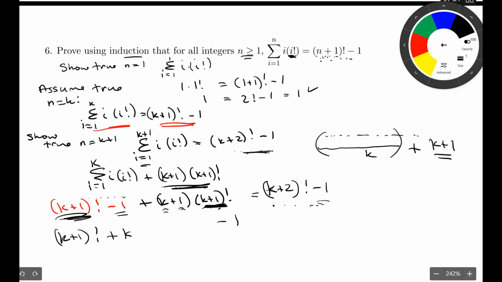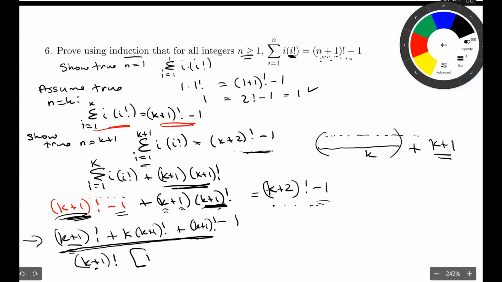So I have plus k times k plus 1 factorial plus 1 times k plus 1 factorial. Okay, what do I have? Oh, I've got 2 of them, don't I? I factor out a k plus 1 factorial out of all of these. So k plus 1 factorial times, if I factor this out of this term, I'd get a 1. If I factor this out of this term, I'd get a k. And if I factor this out of this term, I'd get a 1. And again, I'm carrying that negative 1 off to the side.